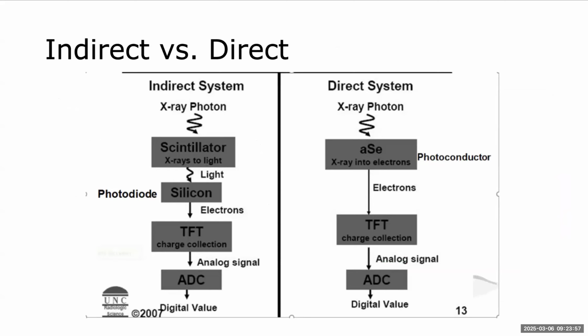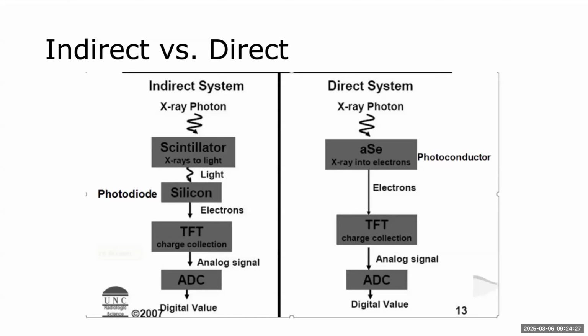So this is just a breakdown of the two different types of conversion. In the indirect, you have the photons interacting with the scintillator, which gives off light, and then is converted to electrons, collected in the TFTs, and that analog signal is converted to a digital value. In the direct conversion system, you have the photons interacting directly with the amorphous selenium.